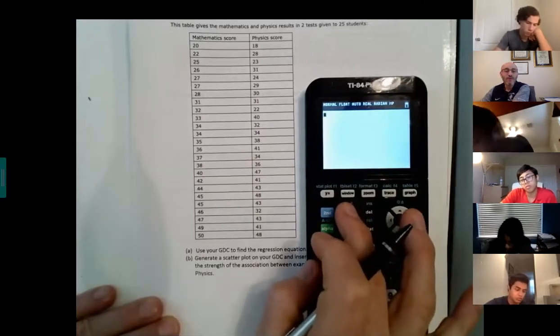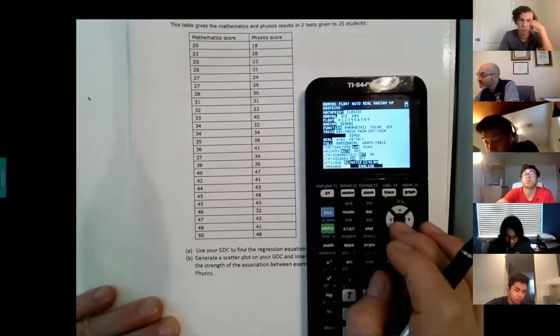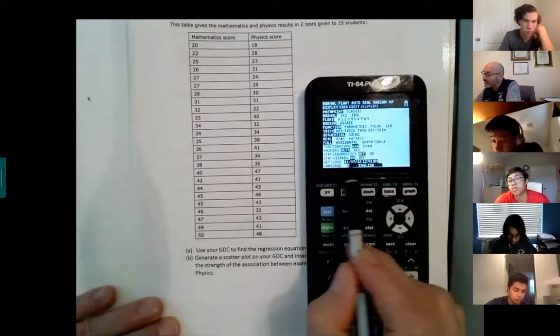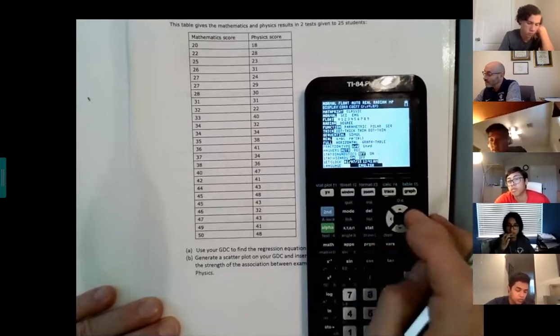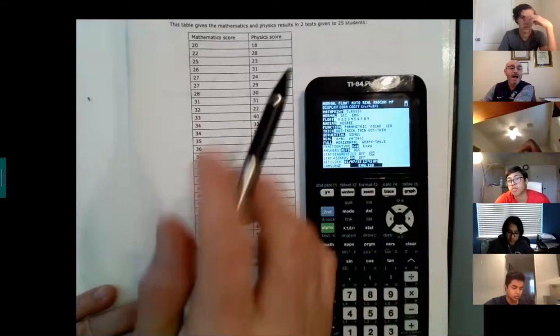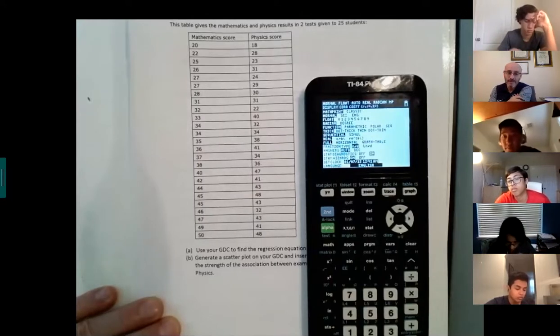If you go to Mode and you scroll down, here it says diagnostic, and it's off right now. You need to turn that on, okay? So you move to On, highlight On, press Enter, and then you will be able to see the correlation coefficient. If that is off, you won't see it, all right?